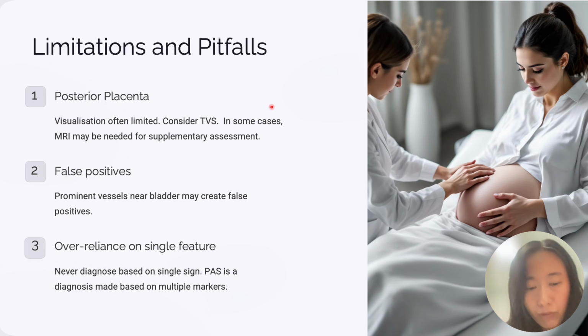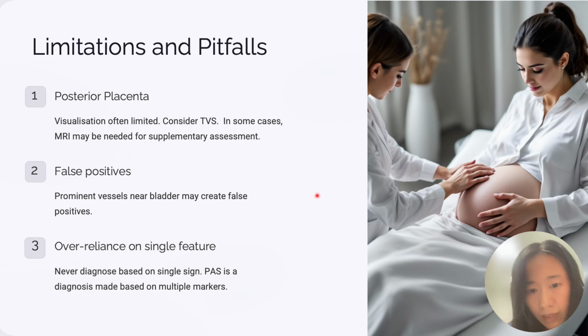Limitations and pitfalls. Posterior placenta, again, visualization is limited. Transabdominal might not be the best. Try TVS and sometimes even MRI. False positives: we can sometimes see prominent vessels near the bladder. Is it accreta? But start with the simple things. Is there still a clear zone behind the placenta? Is there still myometrium after that?